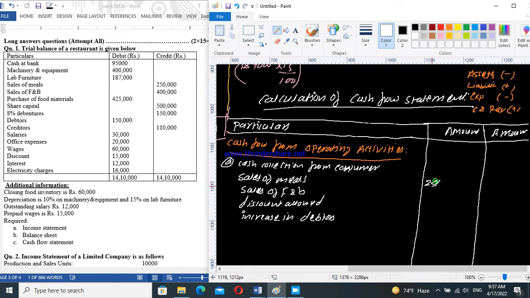2,50,000, 4 lakh, and next we have discount allowed 15,000, and next increase in debtors 1,50,000. These should always be recorded as minus, and discount, being an expense, is also minus.